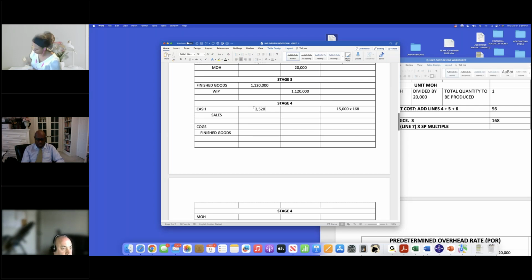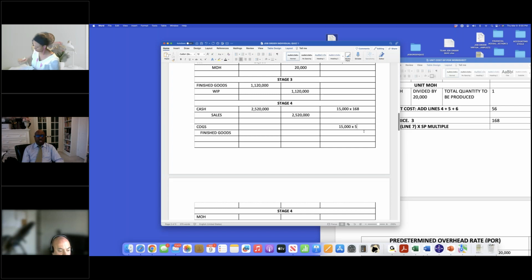Take your word for it. 2,520,000. How much is going to go to cost of goods sold? How are we going to get that number? We're going to multiply 15,000 by what? 56, the unit cost.